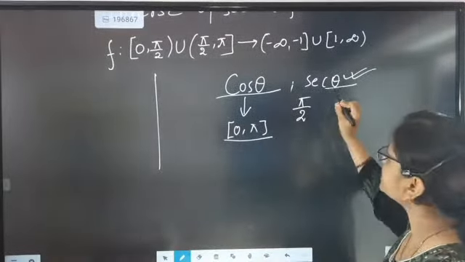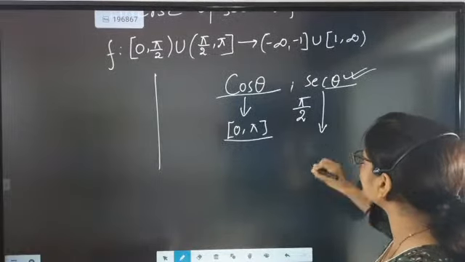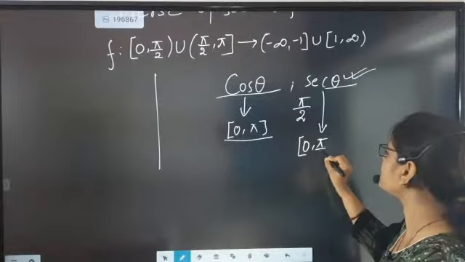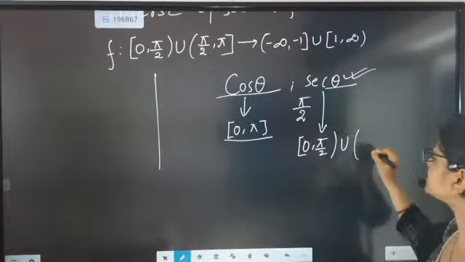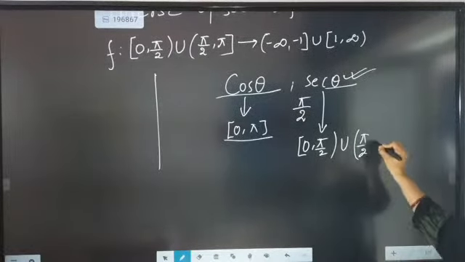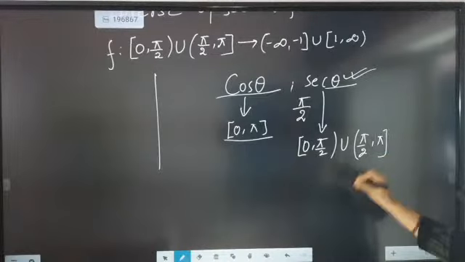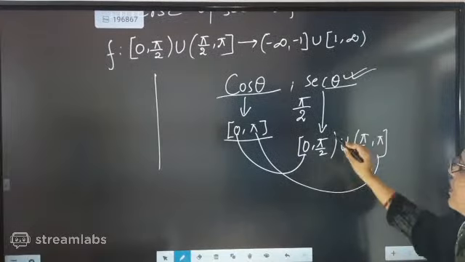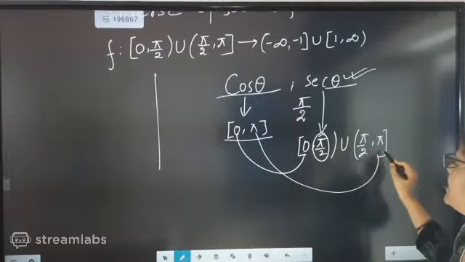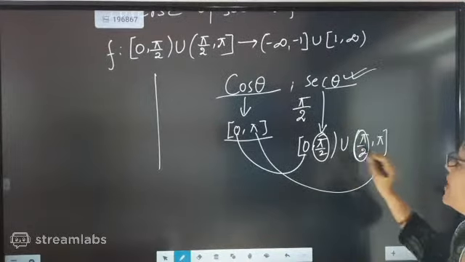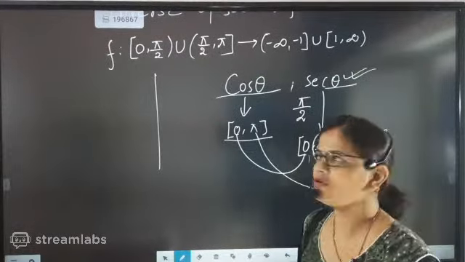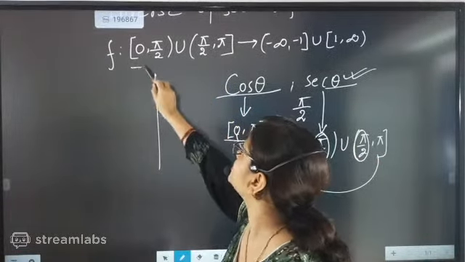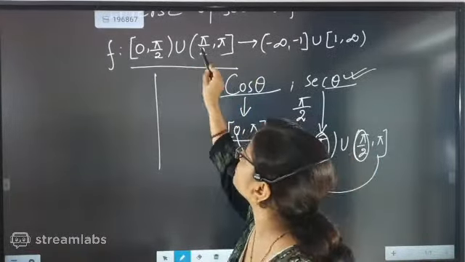So in the domain for secant theta, we make a small change: we do not consider pi by 2, and rest of everything we consider, then again it is continuous. Look here: 0 is included, pi is included, but pi by 2 we are not including. So the domain is 0 to pi excluding pi by 2.